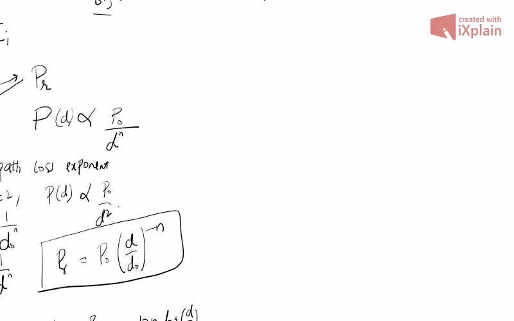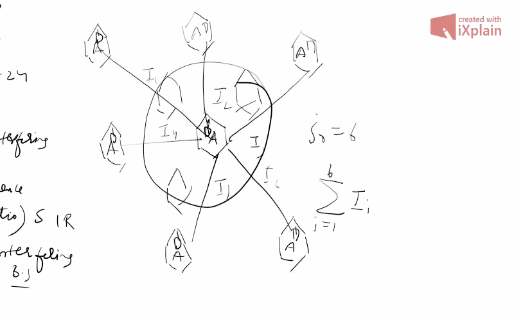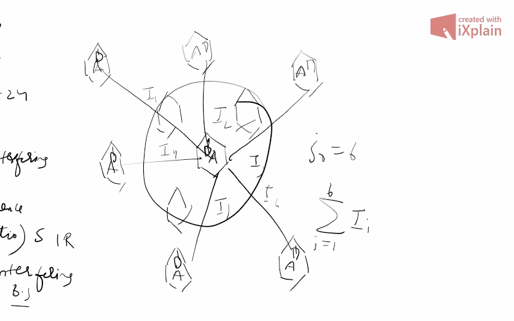Now, coming back to this figure, these distances we represent by D. Suppose this is D1 distance, this is D2, this is D3, this is D4, this is D5, this is D6. All the base stations emit power of the same level, right?